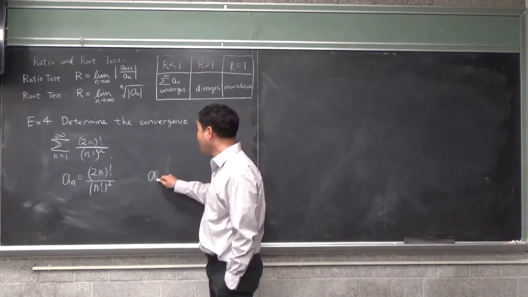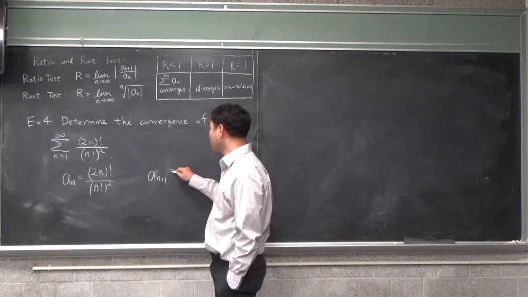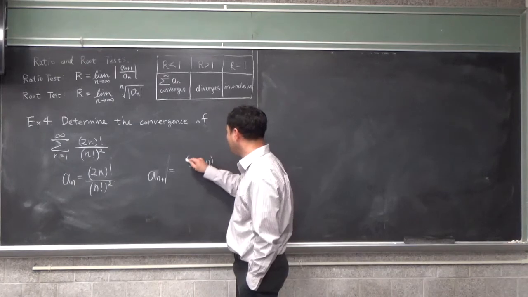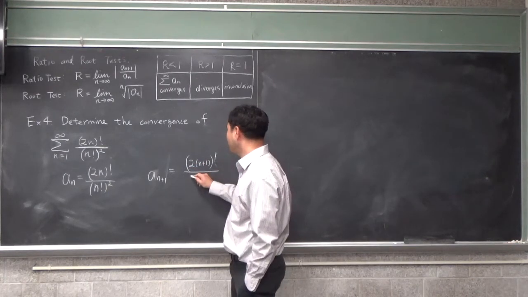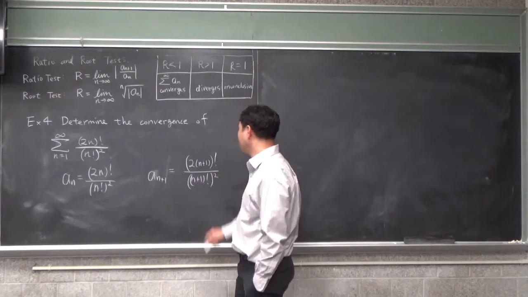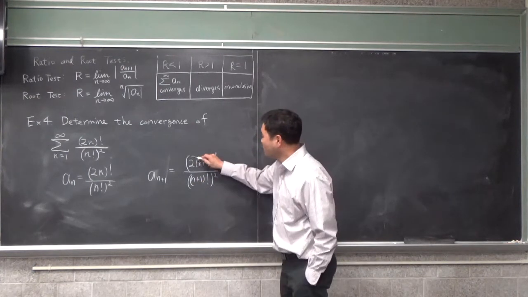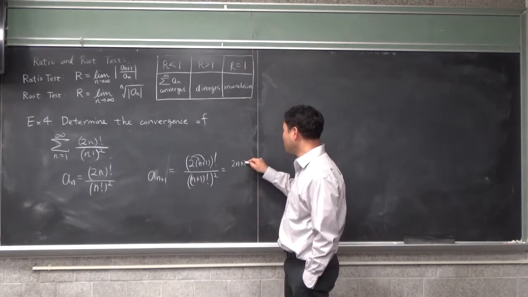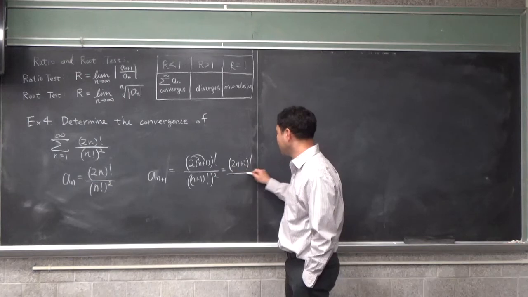Then a_(n+1) simply means you're replacing n by n plus 1. And because 2 times n plus 1 is 2n plus 2, let me rewrite it in this format.